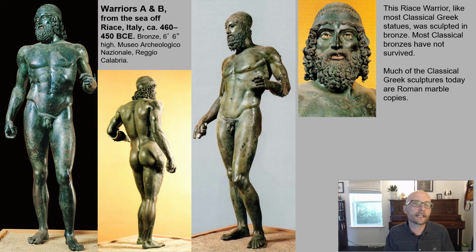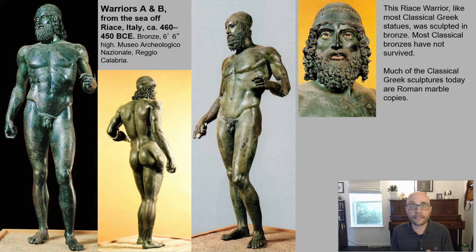The only thing these guys are missing, being warriors, are their weapons. They would have been holding a shield in one hand, and either a spear or a sword in the other. Those were made out of wood or possibly iron, and wood rots and iron rusts, so those have not lasted, but the bronze has been preserved.